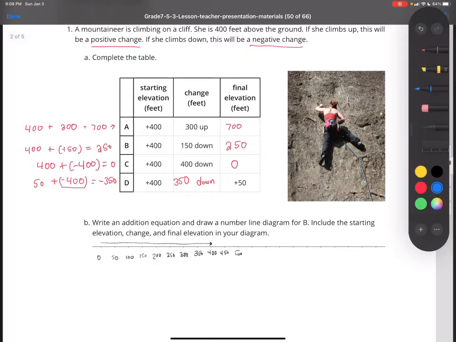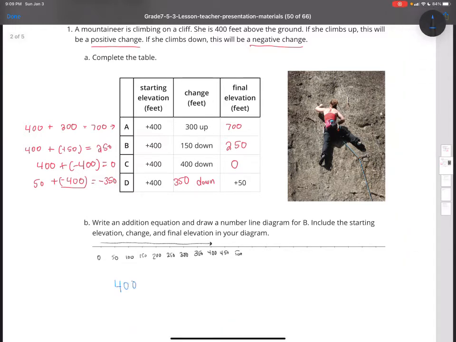Just like I used to tell my students in past years when adding negative numbers or doing these number lines, I want you to think about it like a board game. You don't start over every time it's your turn. You always start where you last left off. So it's the same thing with the number line. We want to start where we last left off, which is 400. Now, since it's a negative 150, let me write the equation for you guys so you can recall it.